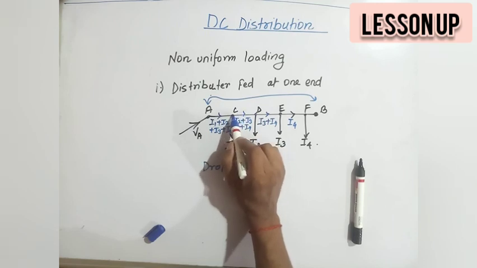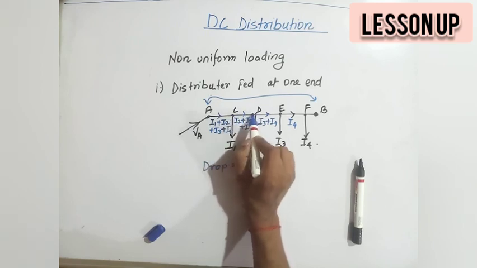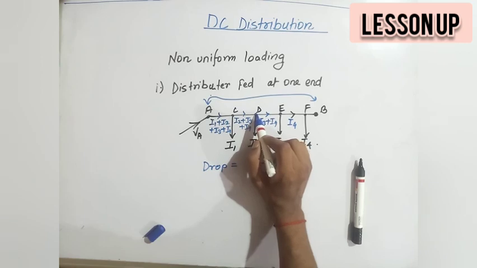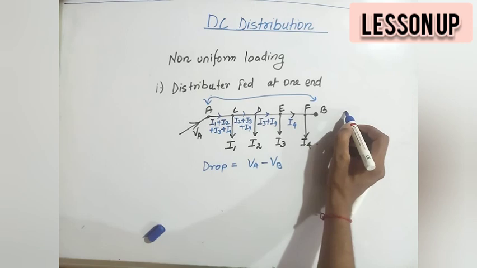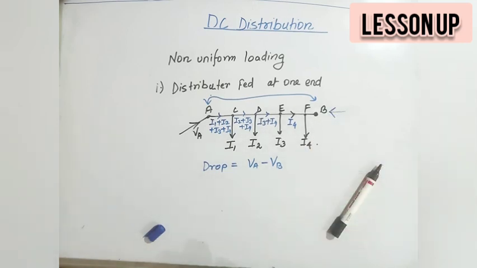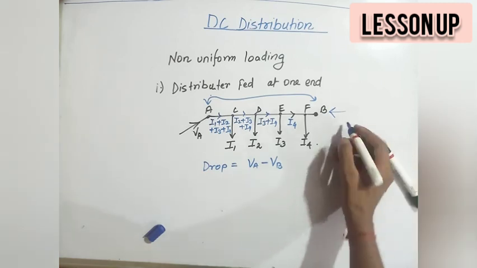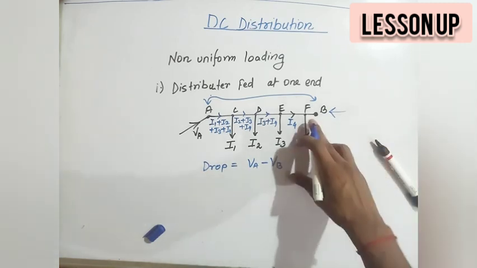Again between C and D, with a voltage drop of 50 volt, we will get 400 volt. At each section we will lose 50 volt. So obviously the minimum voltage, or minimum potential, we can get at point B or point F.